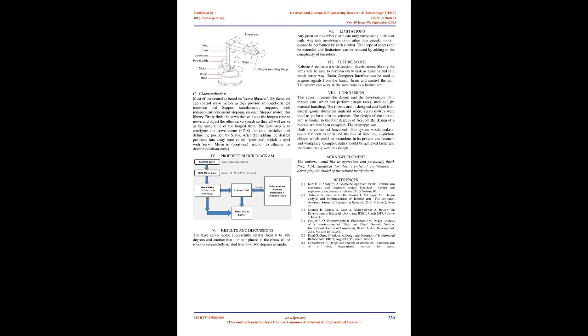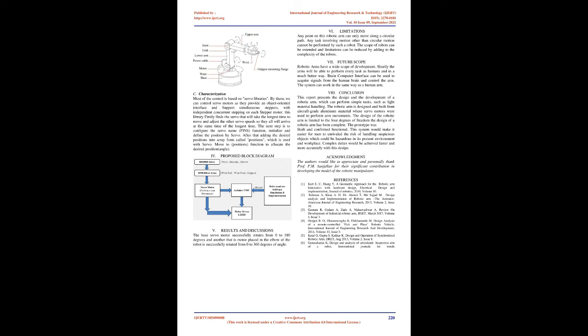Characterization. Most of the control is based on servo libraries. By them, we can control servo motors as they provide an object-oriented interface and support simultaneous steppers, with independent concurrent stepping on each stepper motor. This library first finds the servo that will take the longest time to move and adjusts the other servo speeds so they all will arrive at the same time as the longest one.